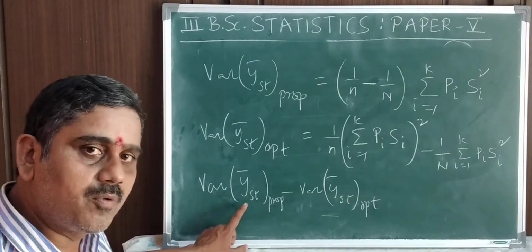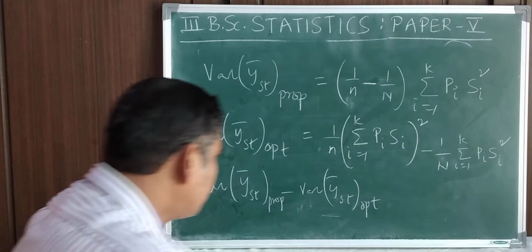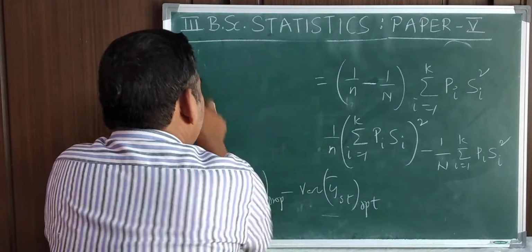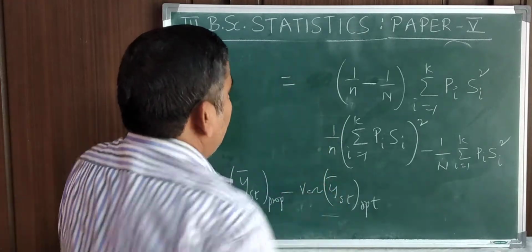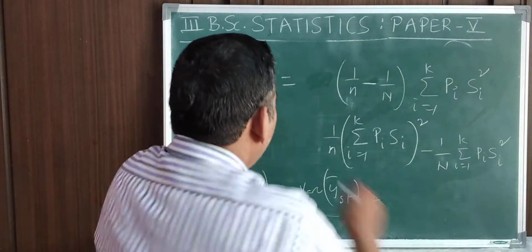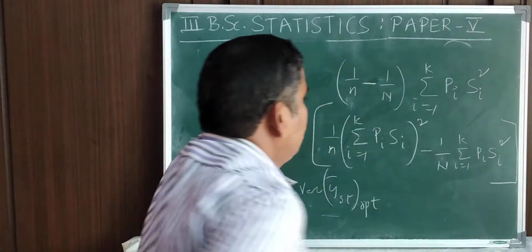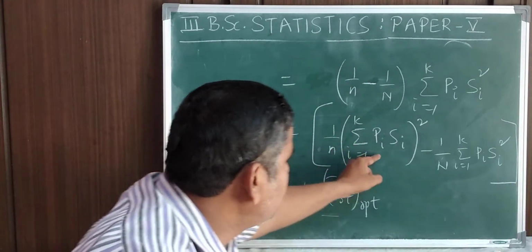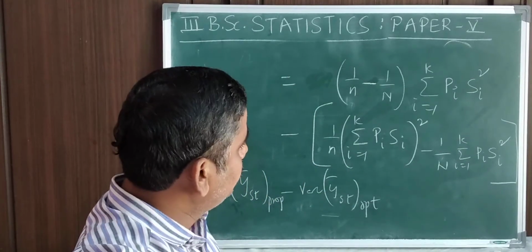This is equivalent to 1 by small n minus 1 by capital N, into summation Pi Si square, minus of this: 1 by small n summation Pi Si whole square minus 1 by capital N summation Pi Si square.